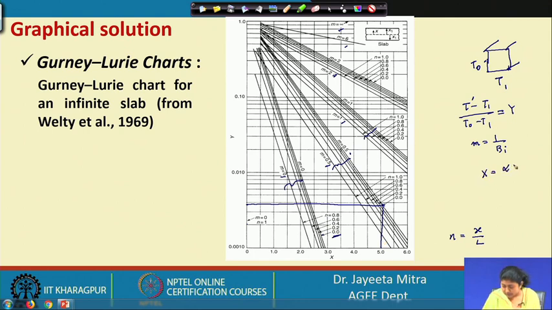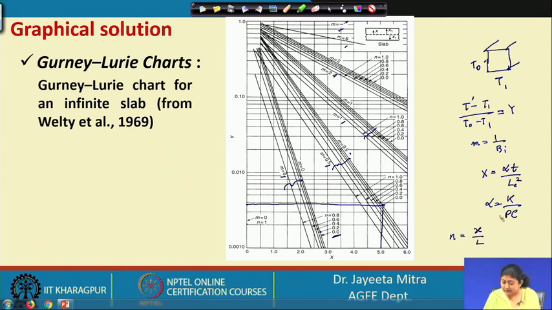So, x is alpha t by L c square, where L c is the characteristic dimension. Alpha is again k by rho c, where k is the thermal conductivity. If the material is known to us, the thermal conductivity we can measure, and density and specific heat are also known to us.